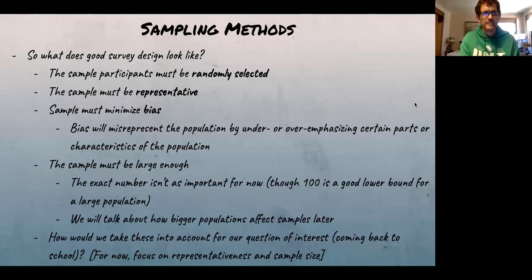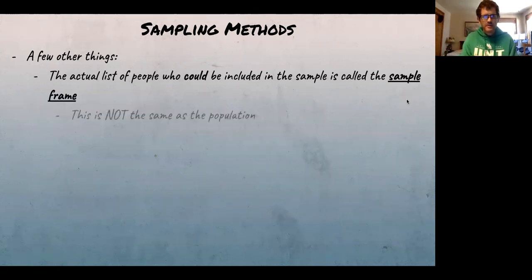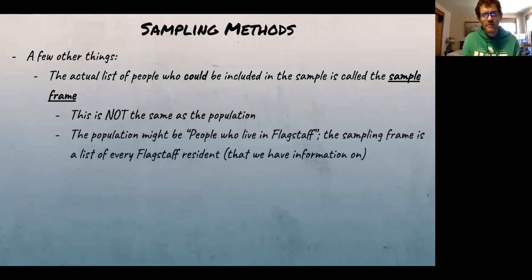Okay, a few other things about sampling methods. There's another term that's thrown out called the sample or sampling frame. And this is not exactly the same as a population. It's very, very similar. So your population, you might decide, like for this last one, is people who live in Flagstaff.